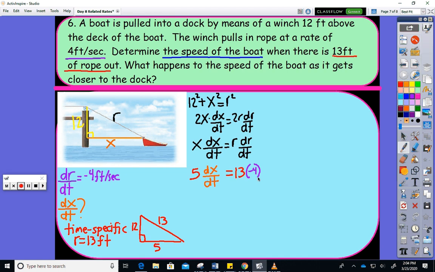So it looks like when I solve dx/dt, 13 times 4 is -52, all over 5. So the rate at which the boat approaches the dock is -52/5. If you divide that on a calculator, I'm getting about -10.4.